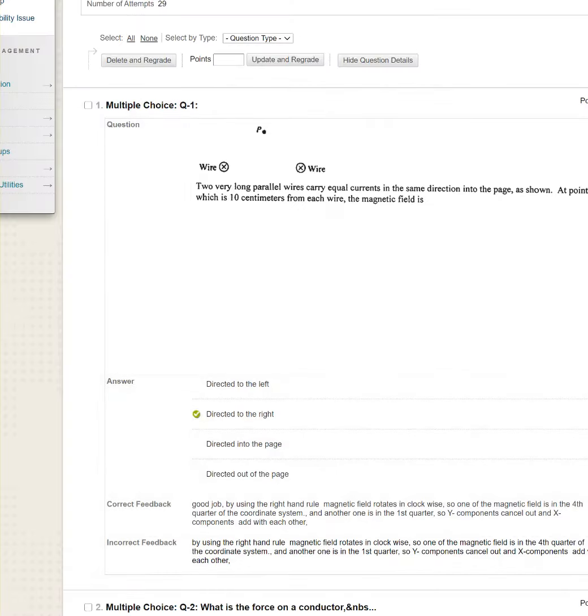That's the magnetic field direction. So at point P, because of this, it's going to be something like this, B1. Now same thing here, because of this it's going to be in this direction, so it's going to be B2. So what will be the resultant magnetic field direction? It's going to be in this direction, which is towards right. So the right answer is directed to the right.